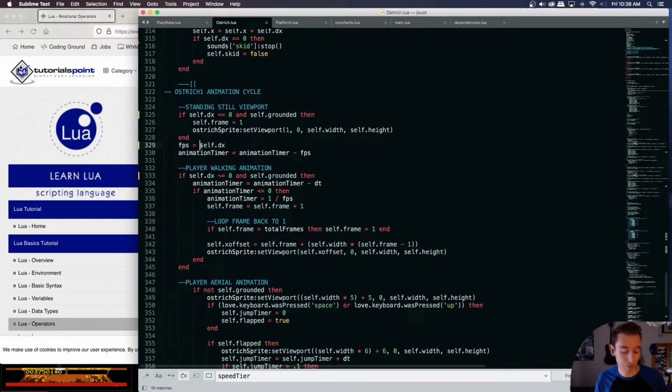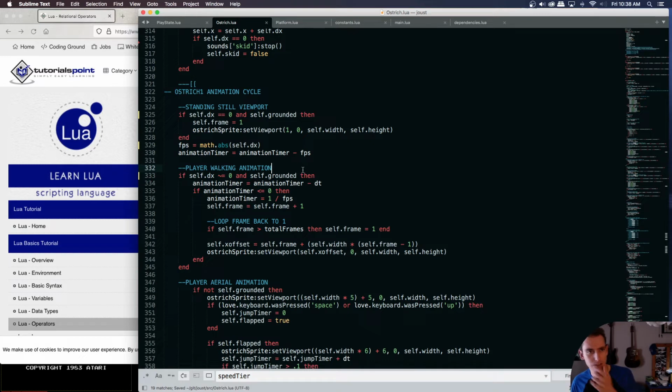I think this needs to be math.abs because we don't want a negative FPS. Little stuff like that: if I had missed it, my logic could be sound above, but since FPS controls my render for my player, I could have thought everything was wrong when just one thing in the animation setup was wrong.